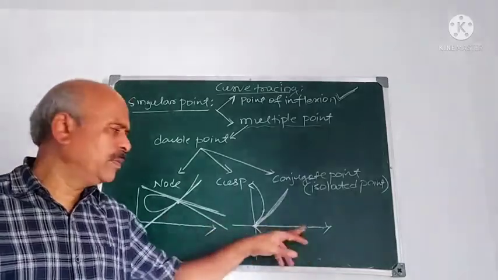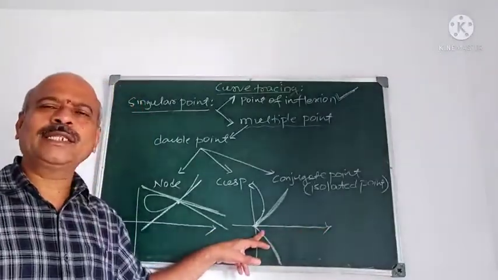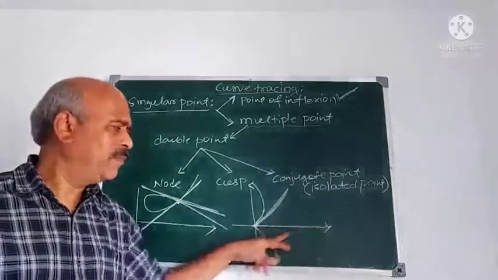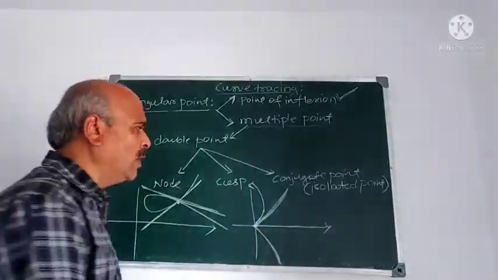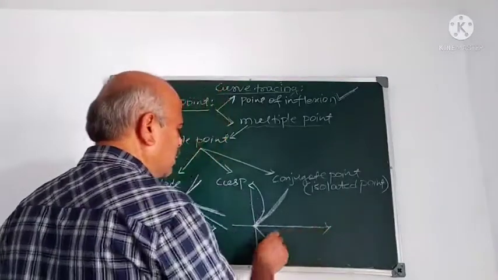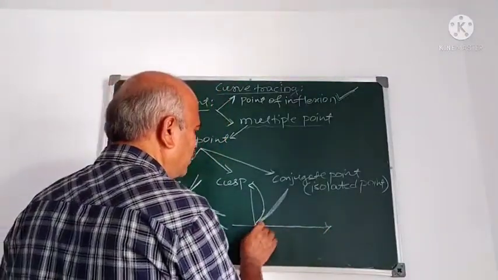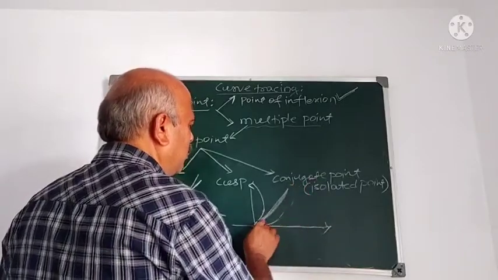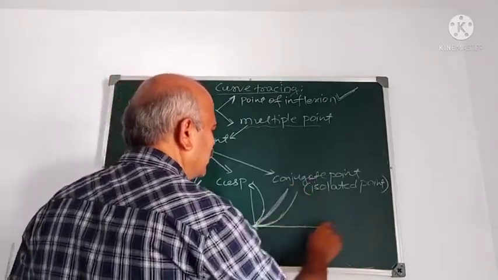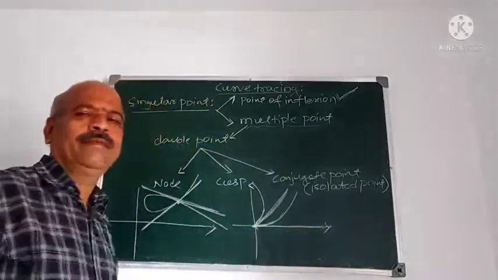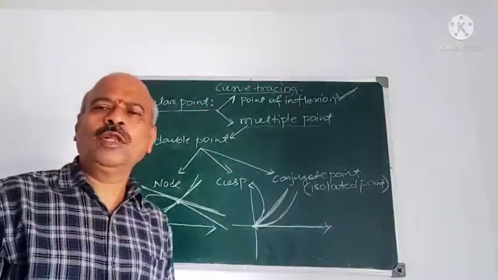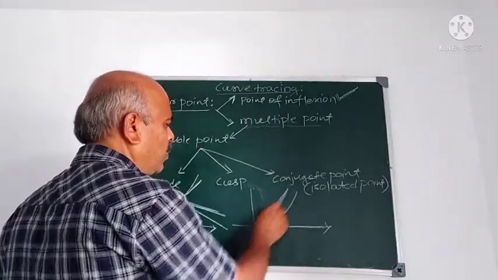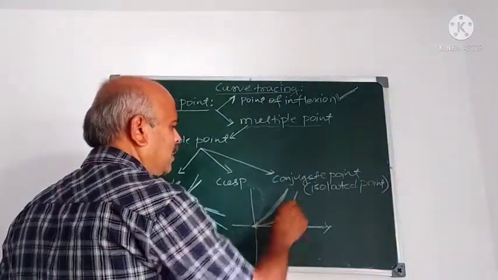It is called a cusp because the two tangents are real and coincident, the same. Or a cusp may be like this also. Two branches of the curve pass through this point, but only one tangent is there. That is called a cusp. Two branches are there: this is one branch, this is another branch.